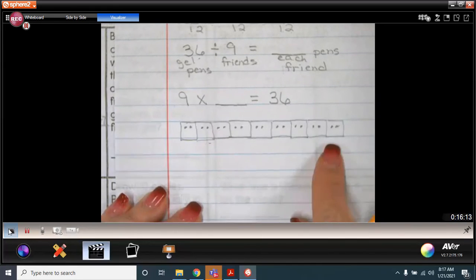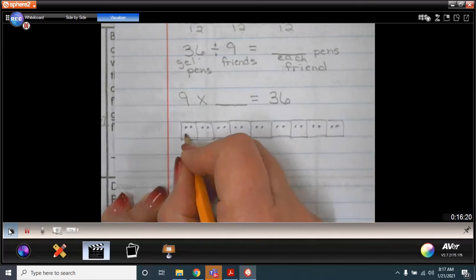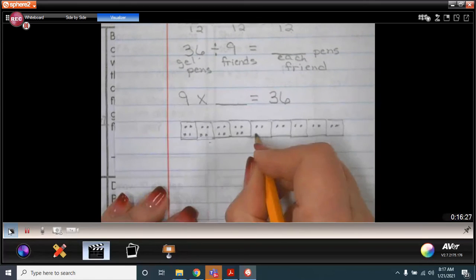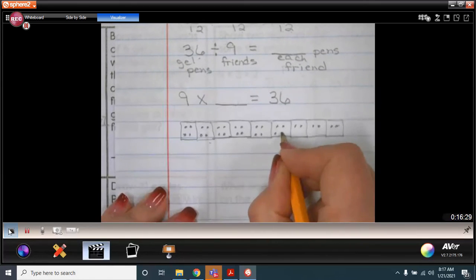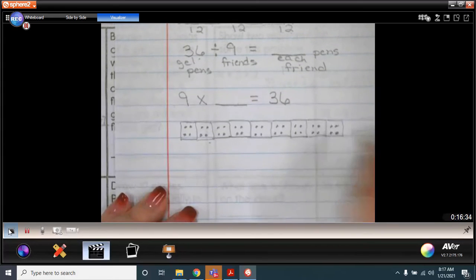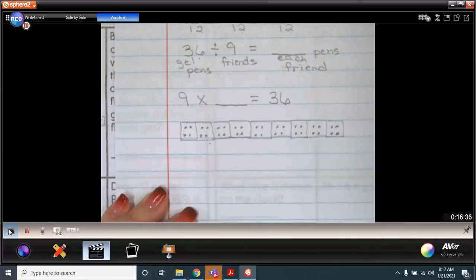So right now I'm at 18 pens that I've given out. Let's try another 2. So 18, 20, 22, 24, 26, 28, 30, 32, 34, and finally 36. Once I've taken those 36 pens and given them equally to my 9 friends, I can see that I have given each friend 4 pens.